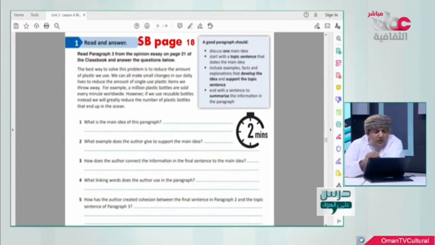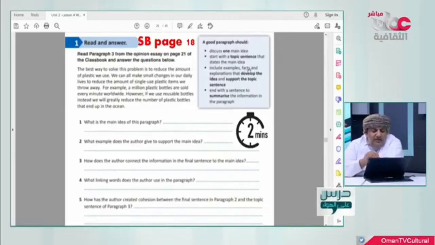A good paragraph should discuss one main idea. It should discuss just one main idea. If you write so many ideas, it will not be good. So start with our topic sentence. Where could we find the topic sentence? At the beginning or at the end? Yes, we can find it at the beginning of the paragraph.